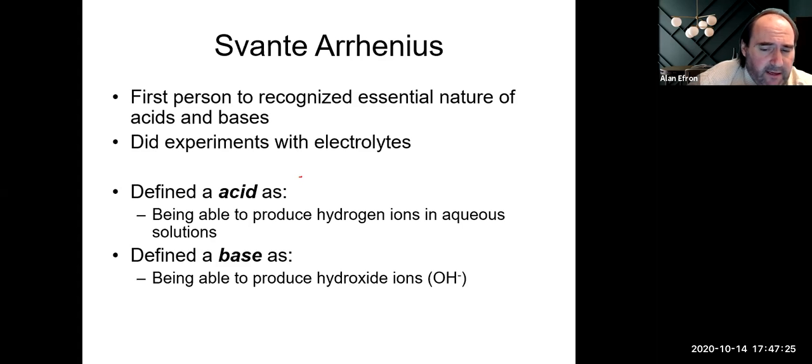And that's why when we talk about solutions here and we write formulas for acids, for example, HCl, you typically will see this aqueous symbol next to acids. And as we talked about with reactions, that basically means a water environment.